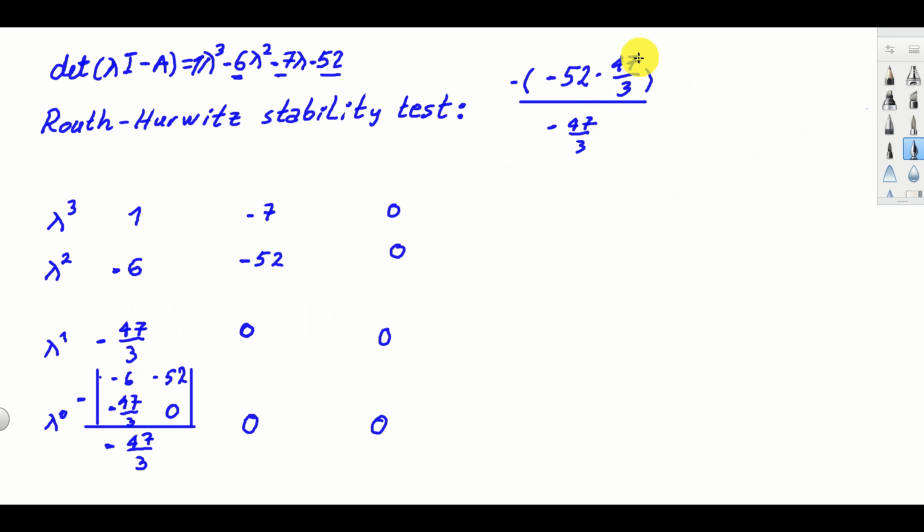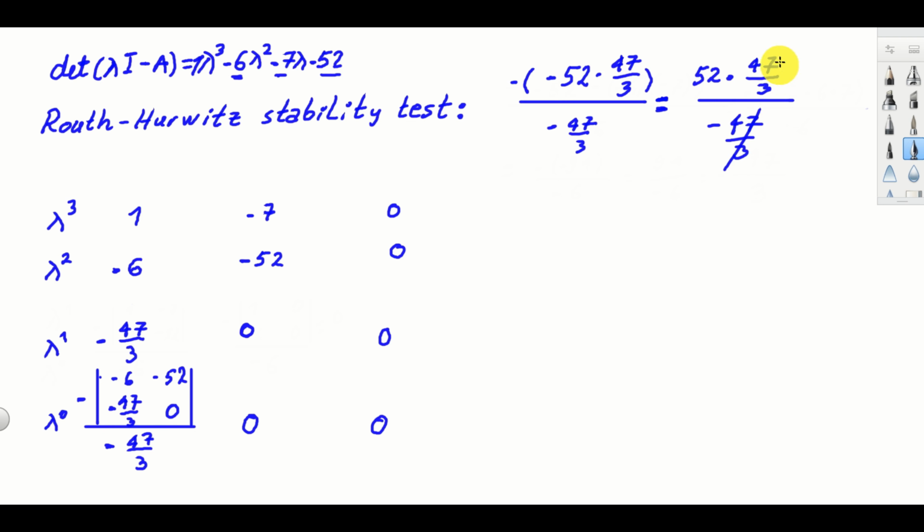Okay, now we can arrange the terms and make this whole term look nicer. What do we have in the numerator? In the numerator, we will have 52 multiplying 47 over 3, and in the denominator, we will have minus 47 over 3.